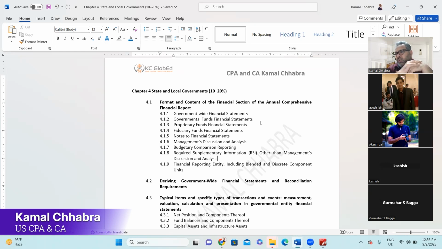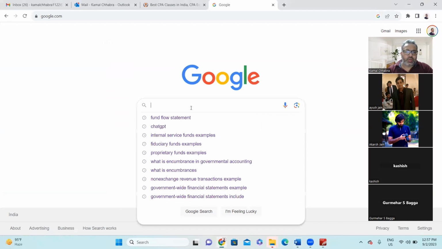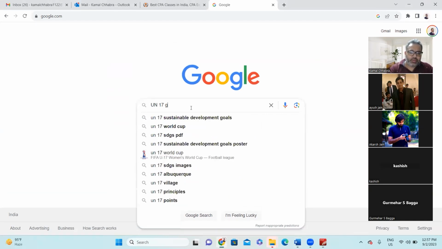Right. Have you heard of the United Nations Sustainable Development Goals? No, sir. There are 17 goals of the UN. For that, the UN also allocates certain funds for each goal. So for example, if I show you, UN 17.